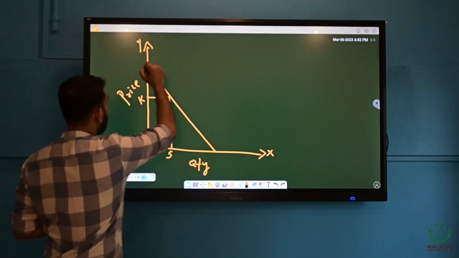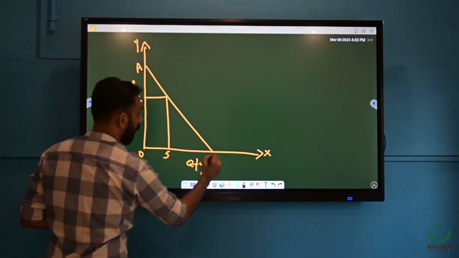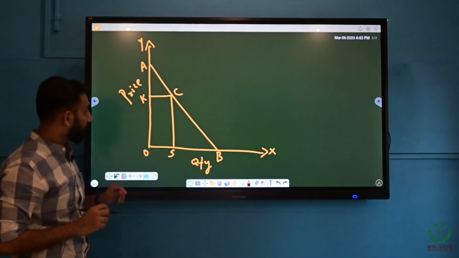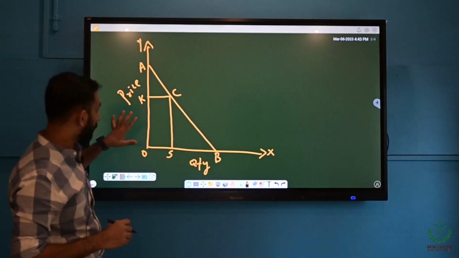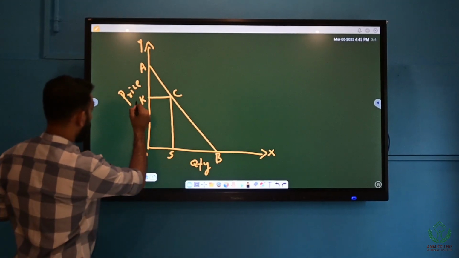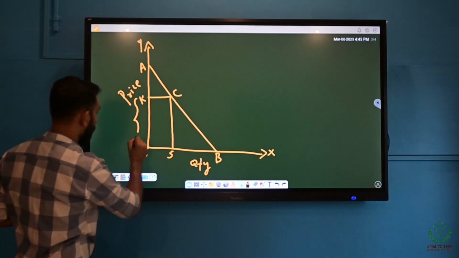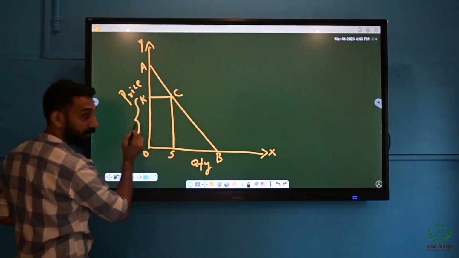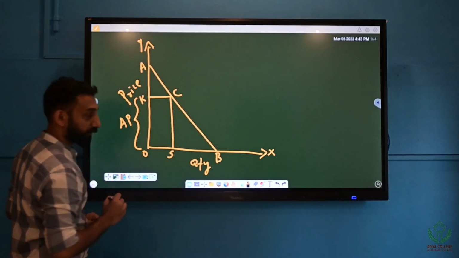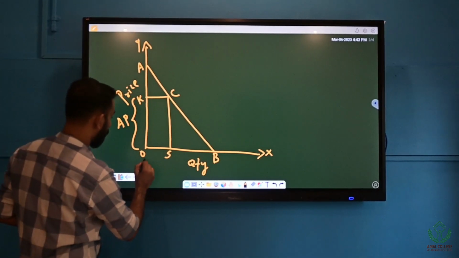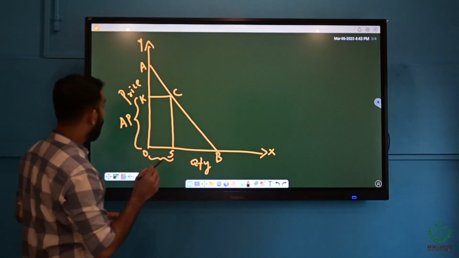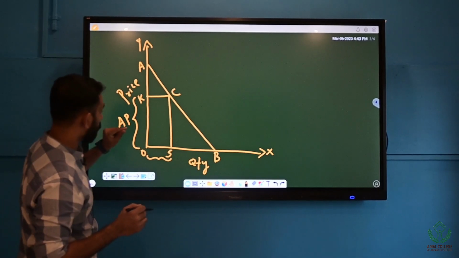And we have our demand curve, which I am putting as A and B, and this C. So we have different points upon the diagram. OK is the price which the consumer is actually paying. That is our actual price of the product. The quantity which the consumer is buying is OS.